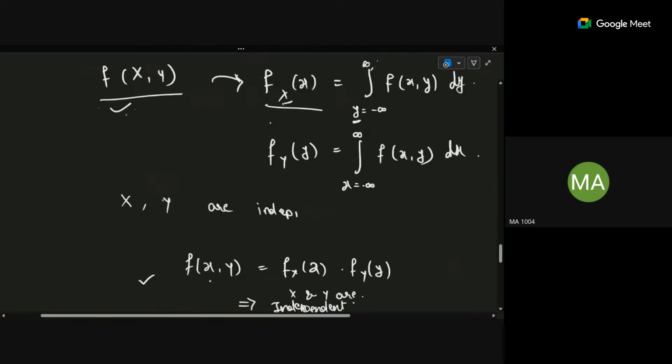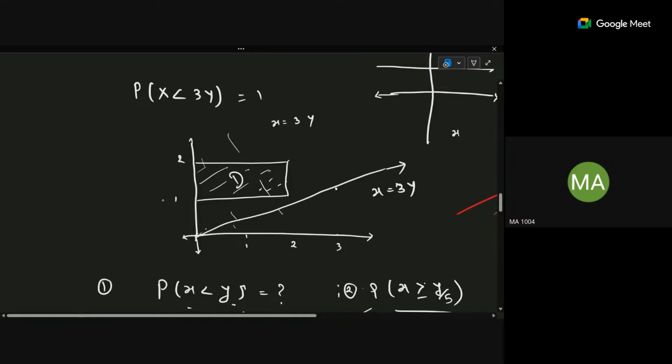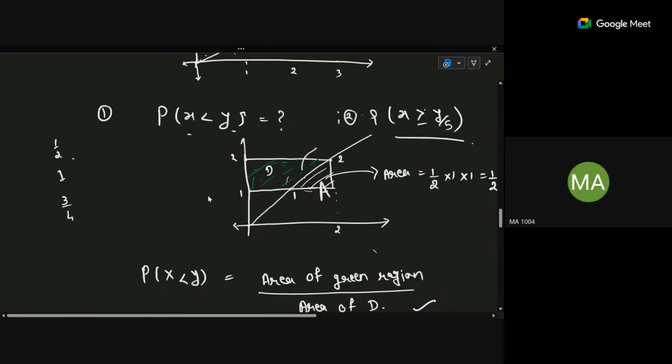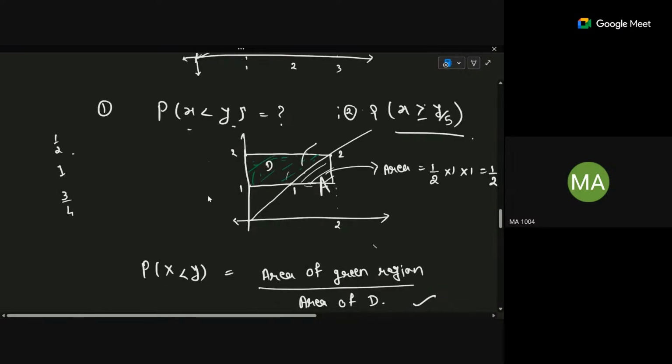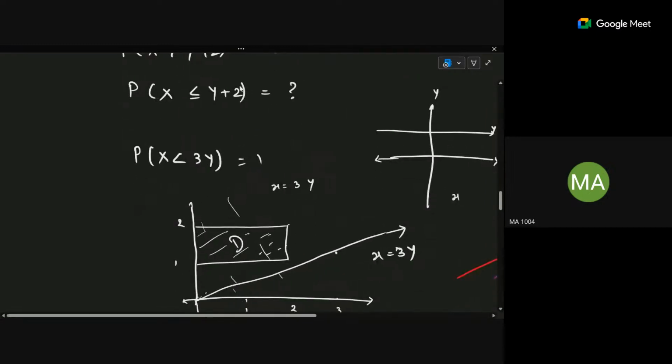No, because when it comes to continuous kinds of things, I don't think we can generalize. The graph is looking like a rectangle for this particular case.